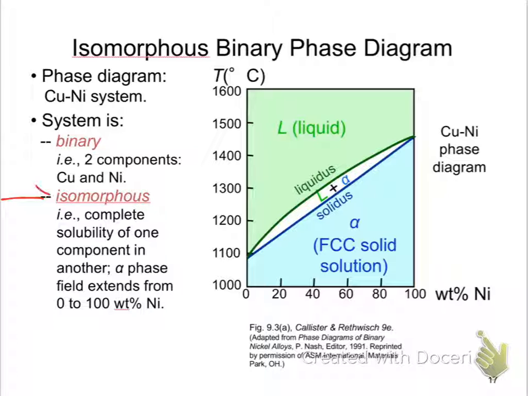Isomorphous meaning it's completely soluble, right? We talked about that, but now we're going to put a word on it, of one component within the other. In this case, our alpha phase field extends from 0 to 100% because it's fully soluble. If it wasn't, then there would be part where our solid phase would end. And again, we have a binary system, meaning that there are 2 components, copper and nickel.